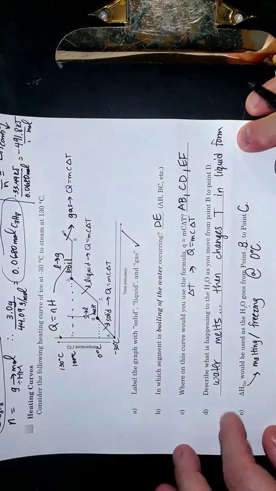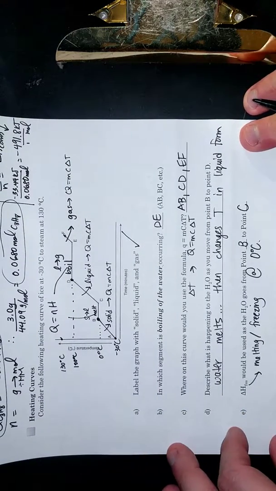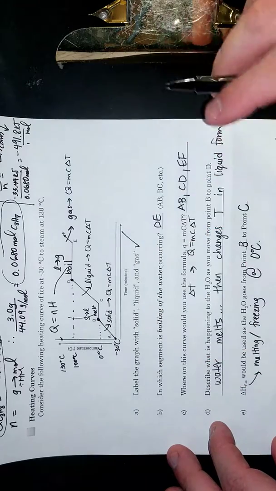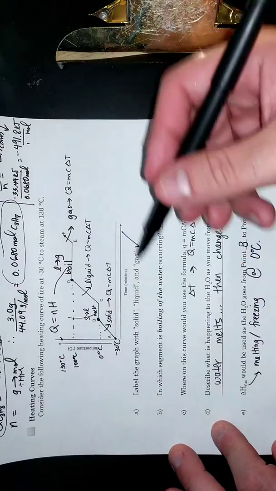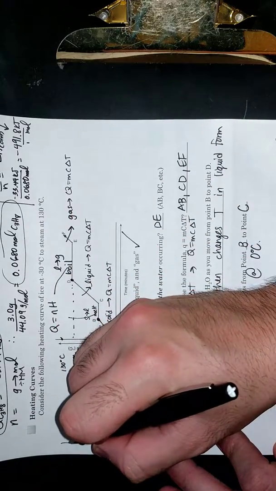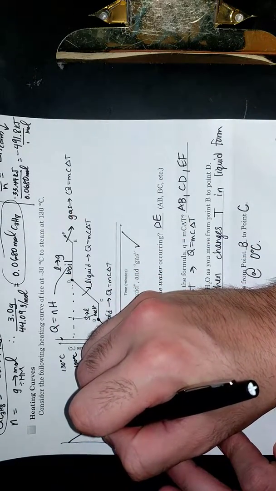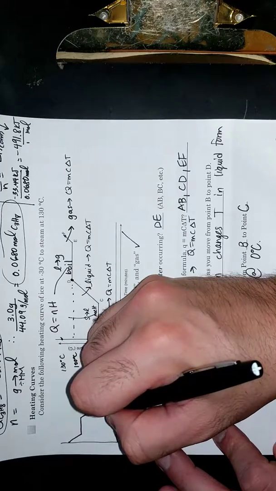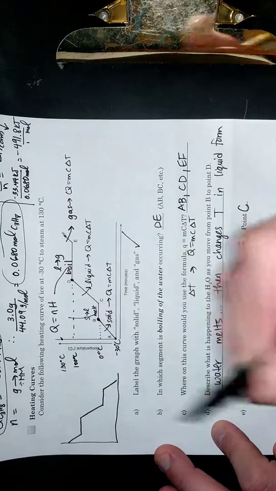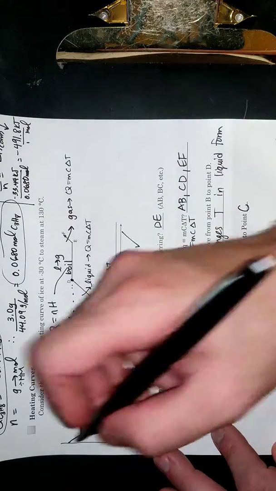Okay? So use the second part of this video as a crash reminder of how we interpret heating curves. You could do the exact opposite if this was a cooling curve. The cooling curve would look exactly opposite this. It would be a steam, and then it would start condensing at 100, then it would be a liquid, and then it would start freezing at 0, and then it would go back down to whatever it would be as a solid, right?